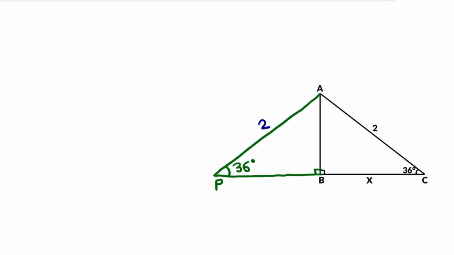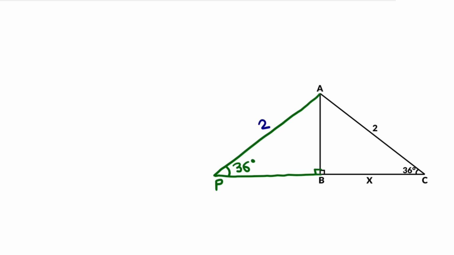Now, look at the two right triangles sitting side by side. Triangle ABC and triangle ABP. Both have a right angle, both share the same height, and both have hypotenuse 2, so they're congruent.